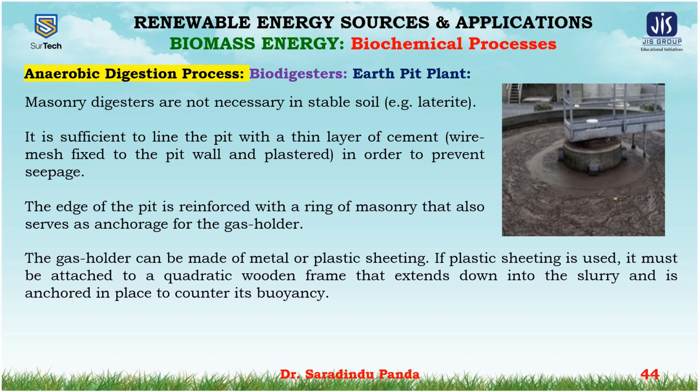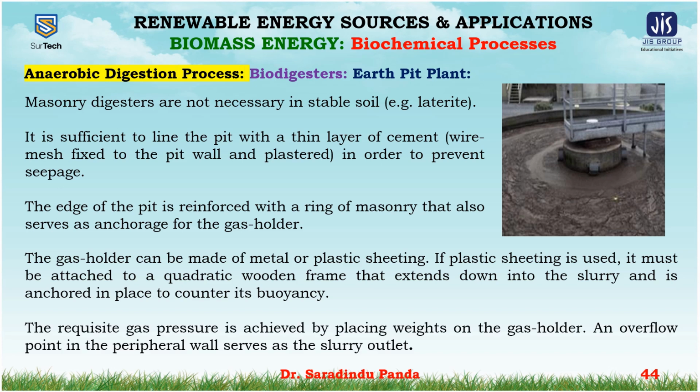The gas holder can be made of metal or plastic sheeting. If plastic sheeting is used, it must be attached to a quadratic wooden frame that extends down into the slurry and is anchored in place to counter its buoyancy. The requisite gas pressure is achieved by placing weights on the gas holder. An overflow point in the peripheral wall serves as the slurry outlet.